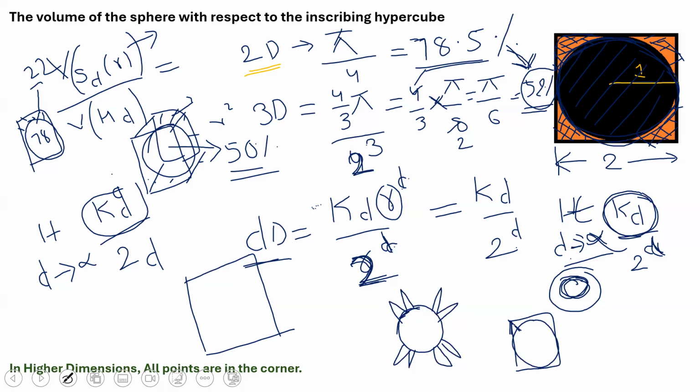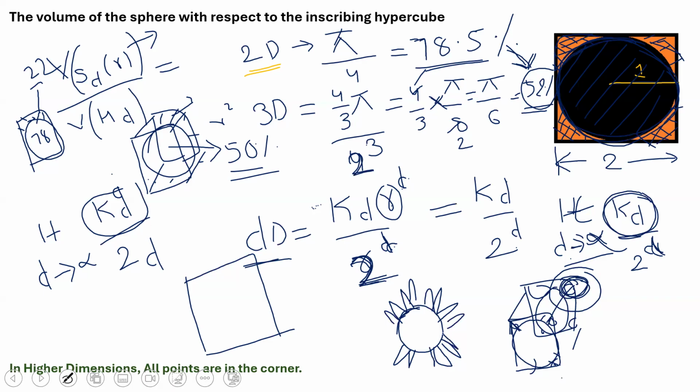So this is one spike, then this is one spike. So at every corner we'll have two spikes. For 2D, you will have four. For 3D, how many will be there? Eight will be there. Four on the top, like if you take 3D and inscribe a sphere like this, you will have four corners here and four below. So for 3D, you will have eight corners.